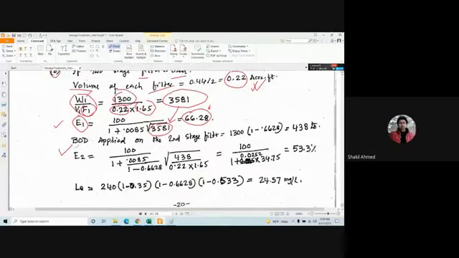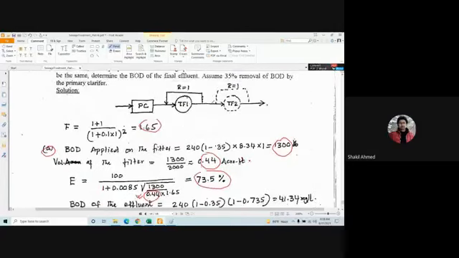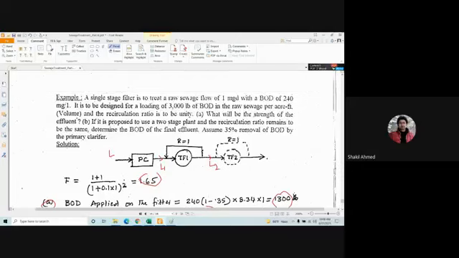So from here, there is another filter. So let's see the BOD load applied on the second stage filter. Let's say this is L1, and this is L2. L is what, guys? L is 240.